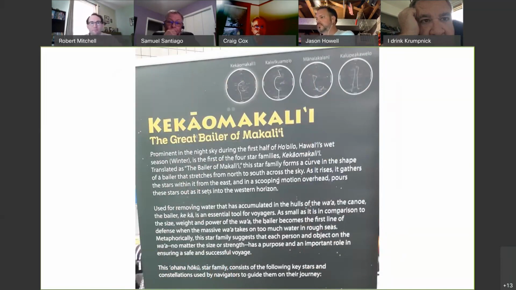The Great Baler of Makali'i, where the baler is a sort of large dipper that they use to bail out the hulls of their canoes if they get too filled up with water. Probably one of the most important tools on those long ocean voyages. Or as they call their canoe, the wa'a. And the baler is keika.